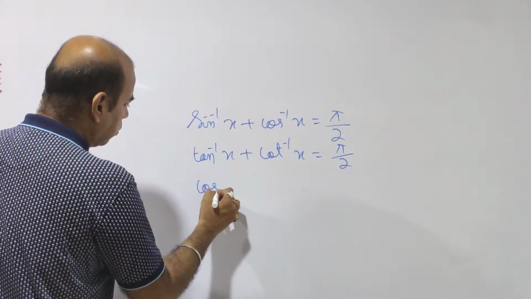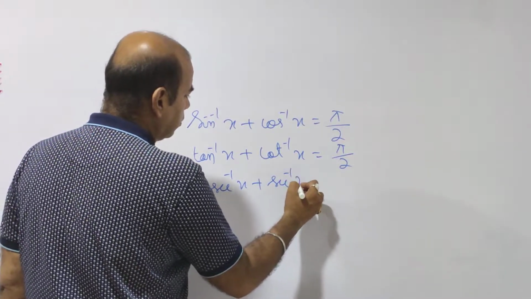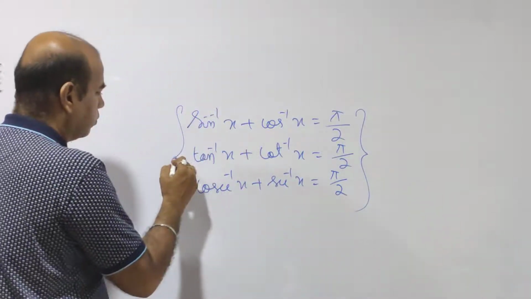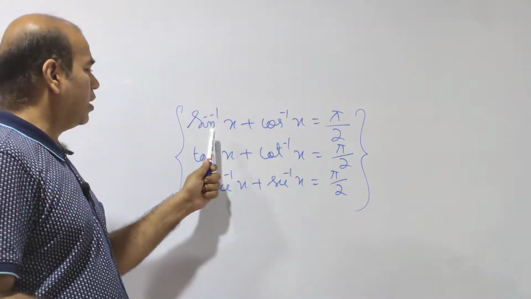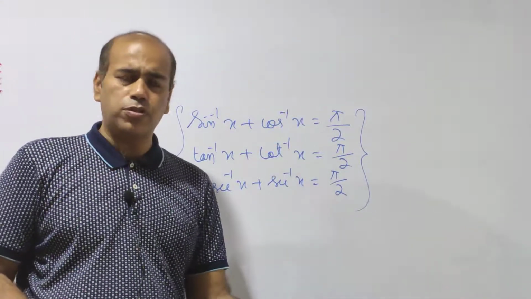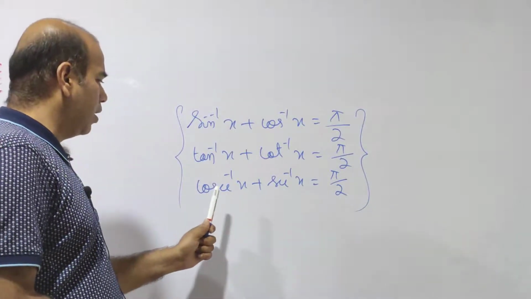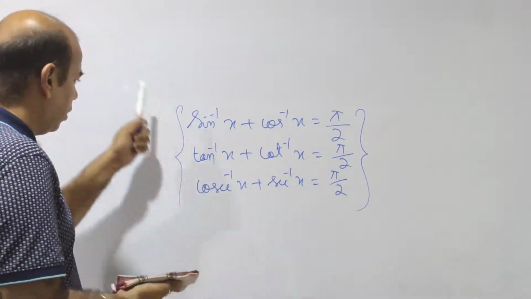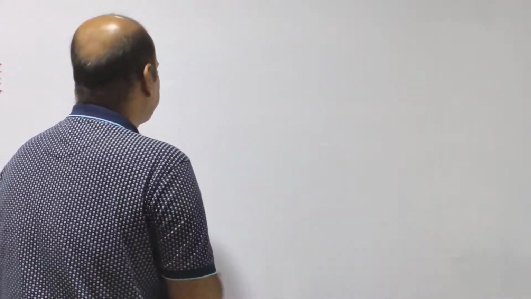If I take cosec inverse x plus sec inverse x, then also it is what? Pi by 2. So these are some formulas where sine inverse plus cos inverse is pi by 2. Same way, tan inverse plus cot inverse is pi by 2. Same way, cosec inverse plus sec inverse is pi by 2. And we use them for solving questions.